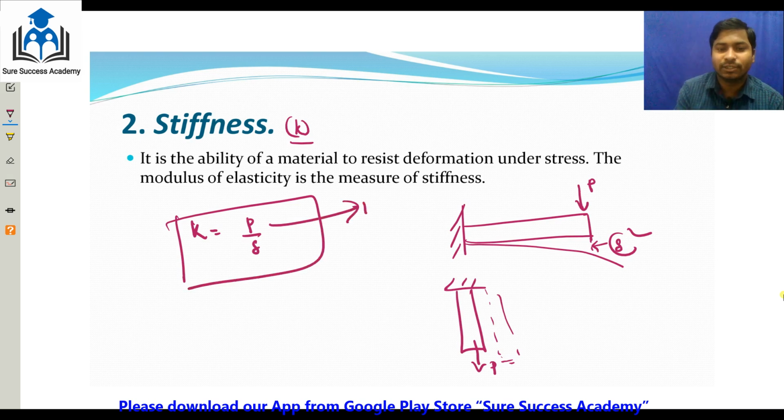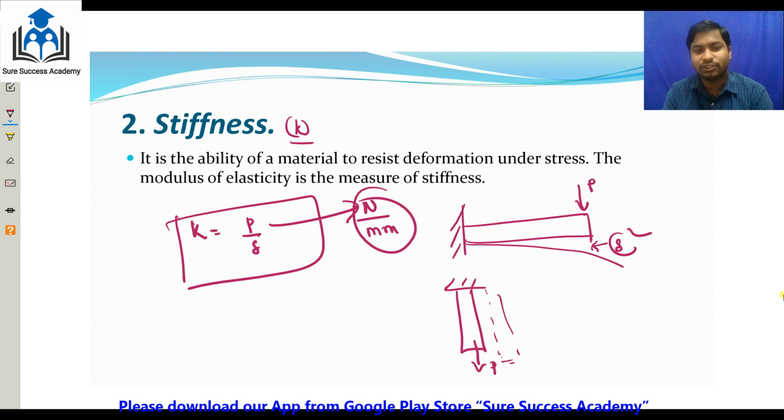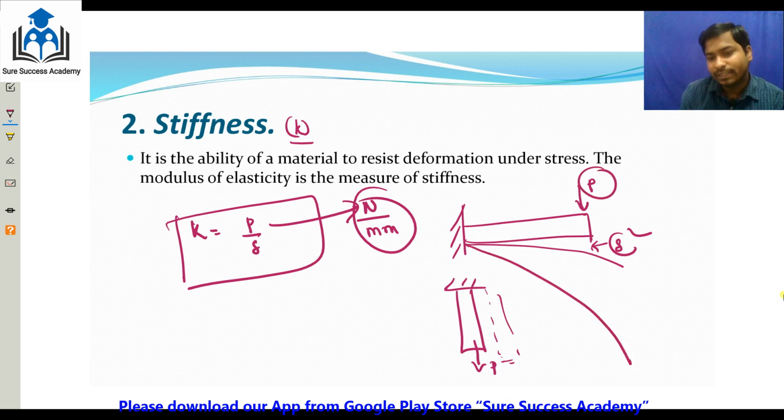Load is in newtons and deflection is in mm, so the unit of stiffness is load by deflection. It should not deflect much; it should deform less under load. If you apply the load P and it deflects less, we call it good stiffness, the ability of the material to resist deformation under stresses.